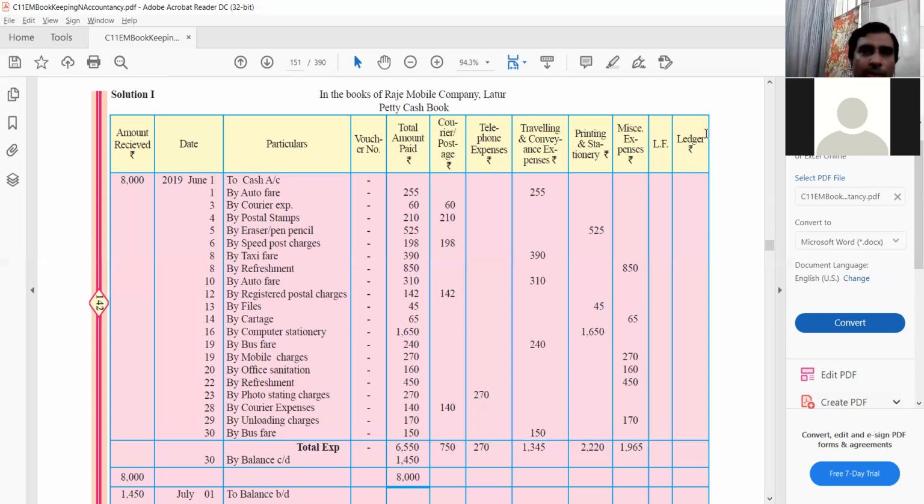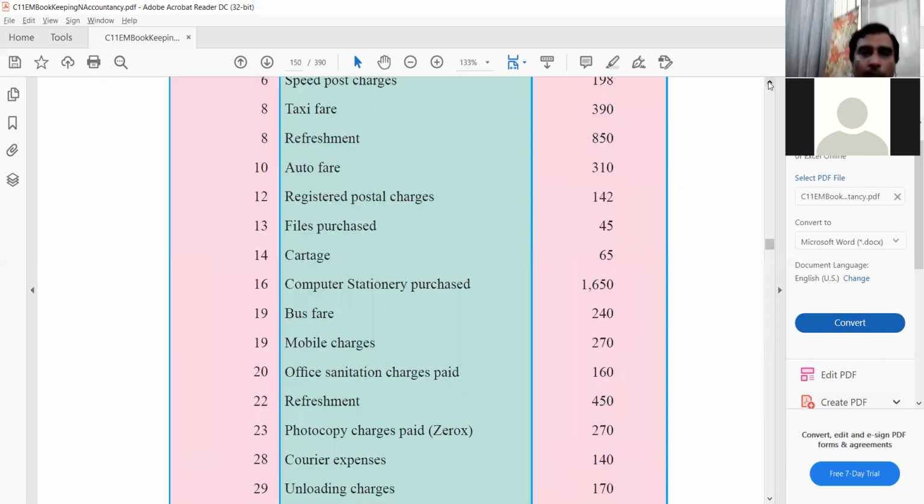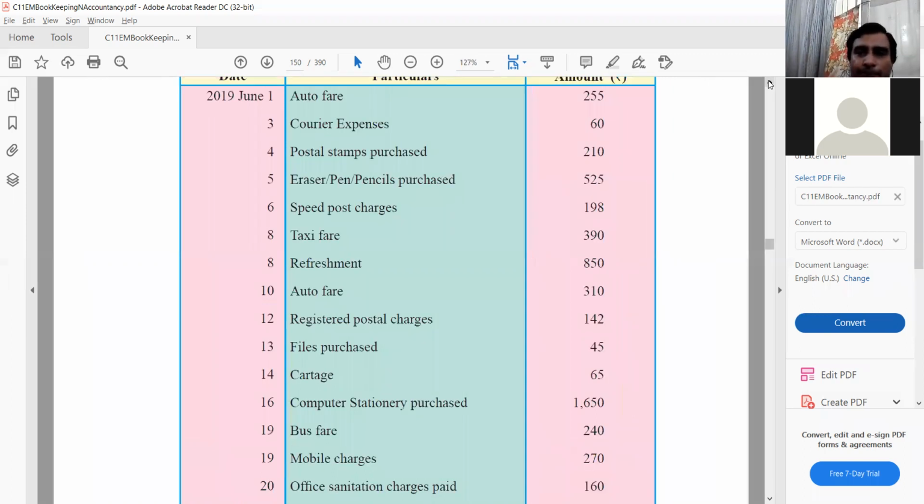Now we'll go back to the previous page, look at the rest of the questions. Sorry. So courier expenses.